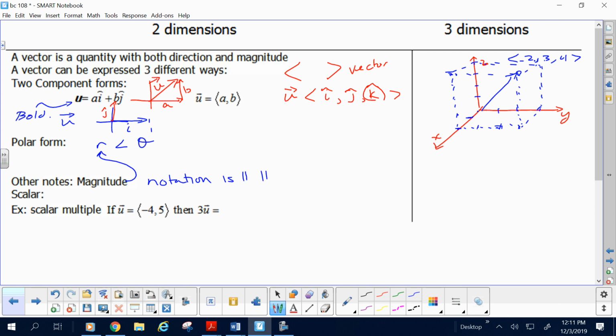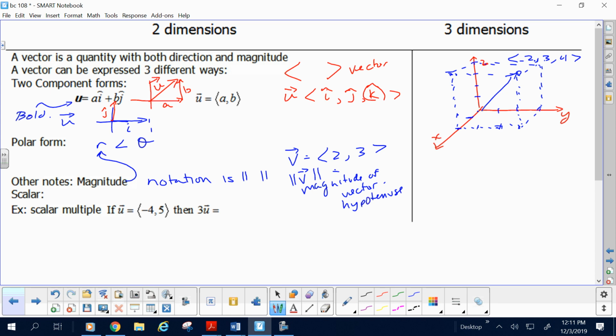So if I said, for example, vector v is this, and then I asked underneath it, what is this equal to? That is the length of the vector, the magnitude of the vector, which is like the hypotenuse.